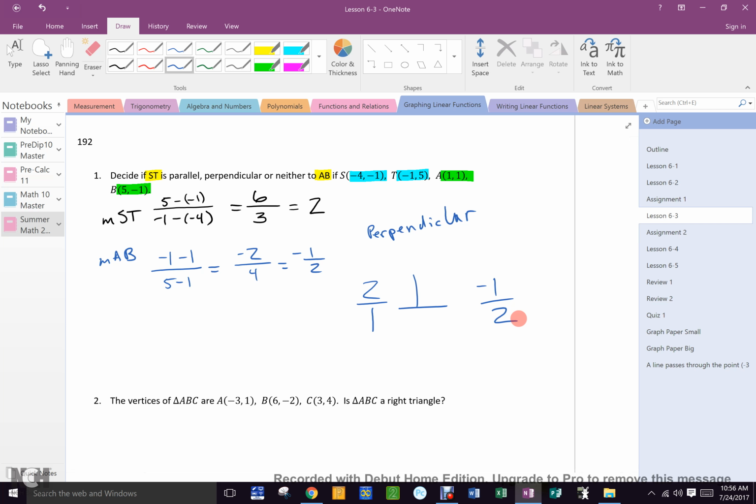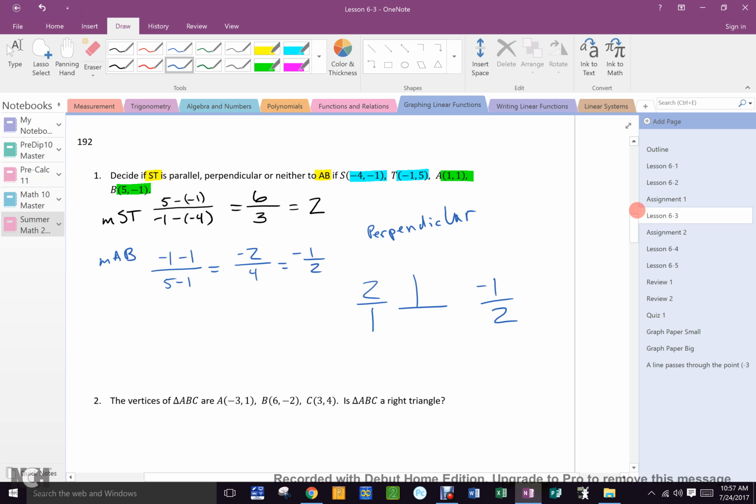Ekti. Every time there's a negative on the top, you don't even flip the fraction? I didn't flip any fractions, Ekti. I found the second fraction, and I found it to be a negative reciprocal of the first one, which means that the two lines are perpendicular.